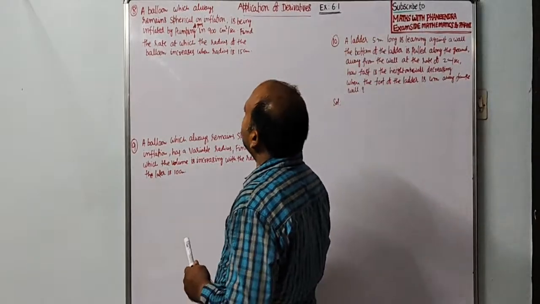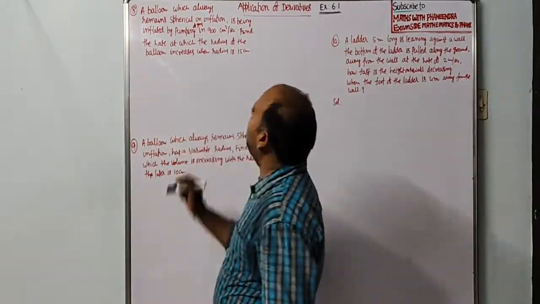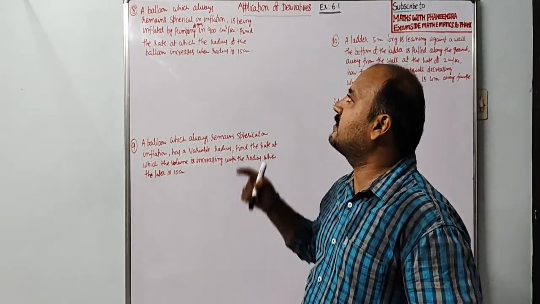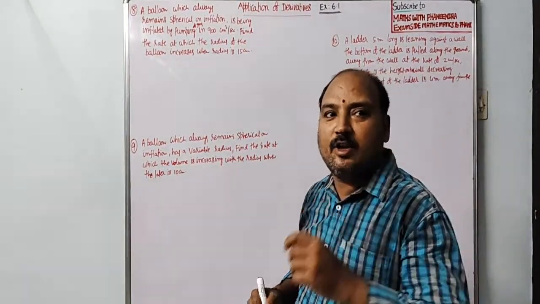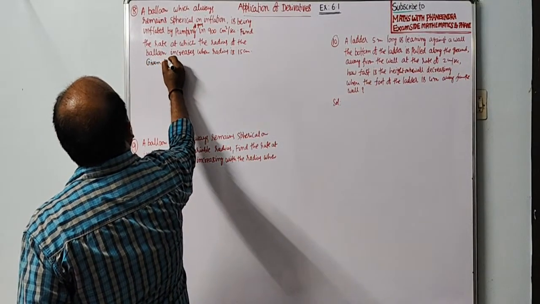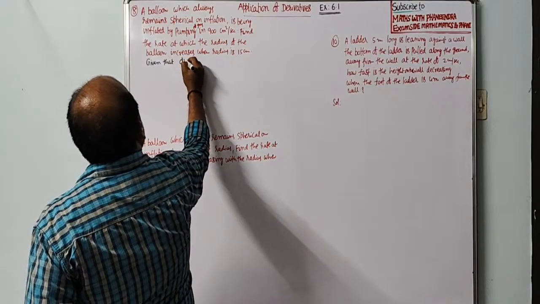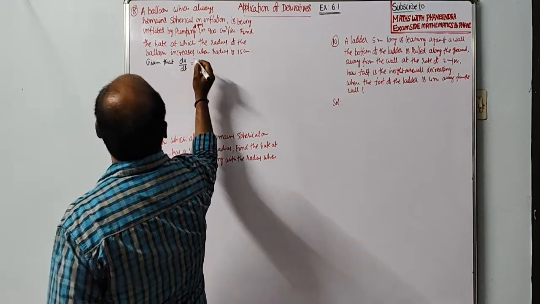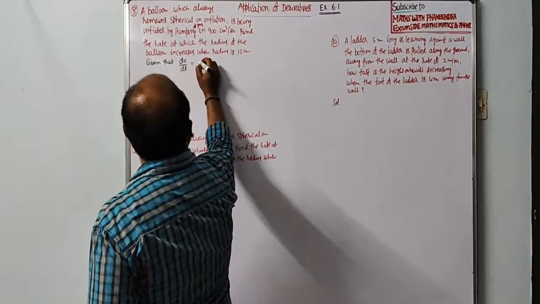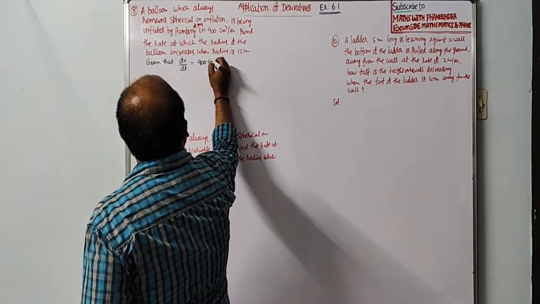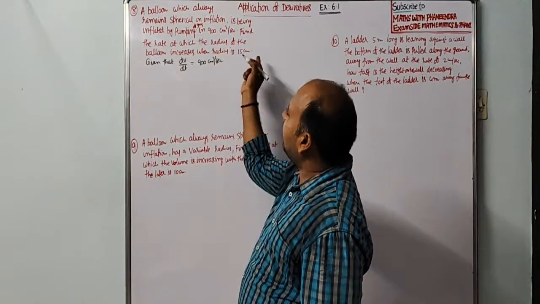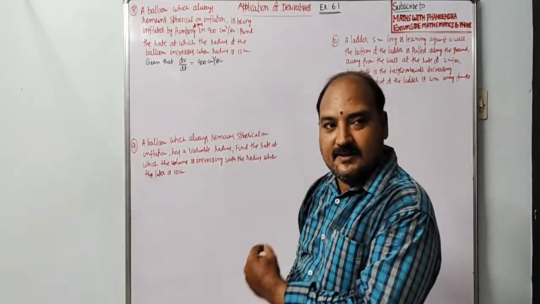A balloon which always remains spherical on inflation is being inflated by pumping of gas 900 centimeter cube per second, means given that dV by dt, the rate of change of increasing in volume of the spherical balloon is 900 centimeter cube per second. Find the rate at which the radius of the balloon increases.